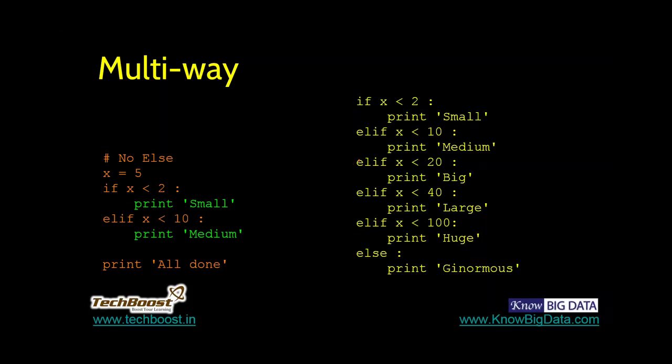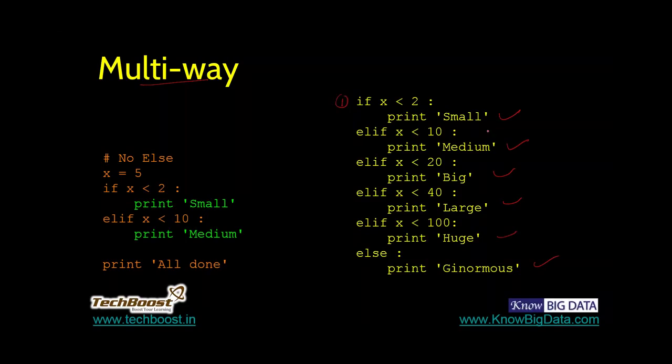This is the same as that, but the point to be noted here is that instead of three, now we have many multi-way decisions. So if we are considering small, medium, big, large, huge, enormous, we have categorized our number as many. Remember the execution flow. It will happen with this first.